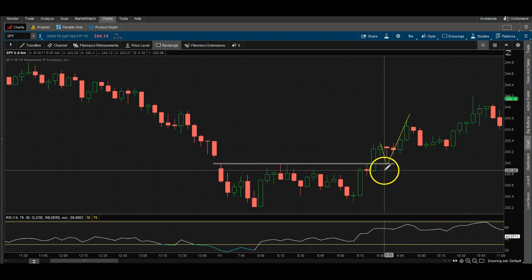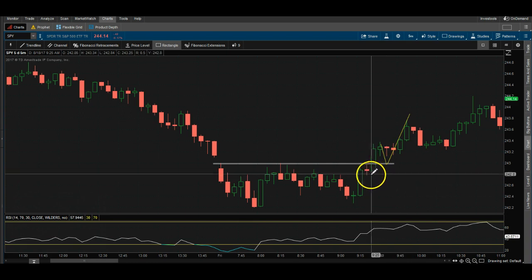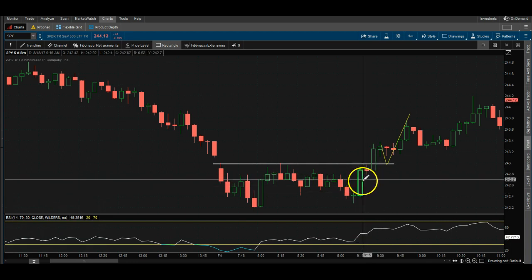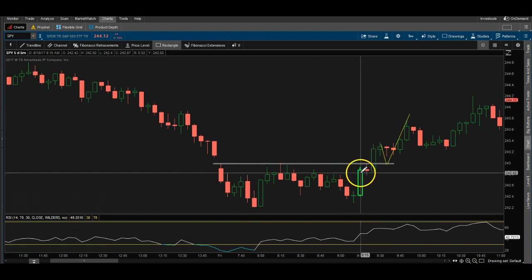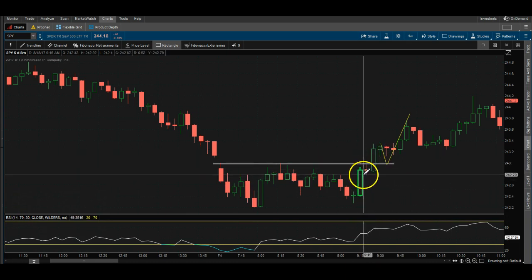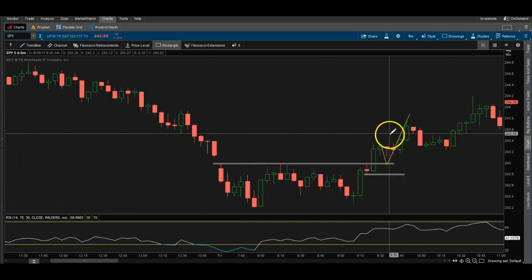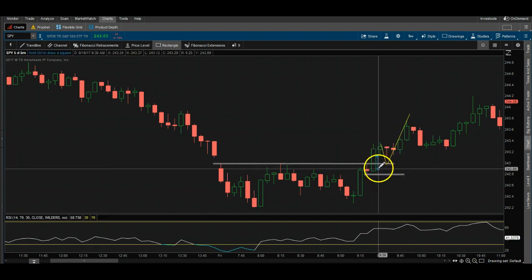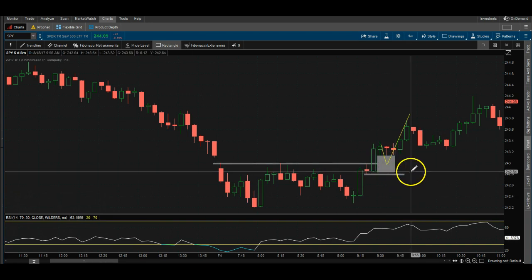But the whole thing on the breakout is we want the retest back, and that is our sweet spot for the entry. And our exit would maybe go below a significant swing low. So in this case, you have this big pullback, and then buyers again. Well, if it breaks below this level, get me out. Essentially, this is our risk right here.